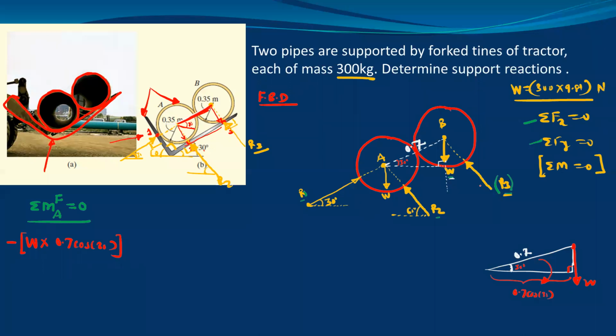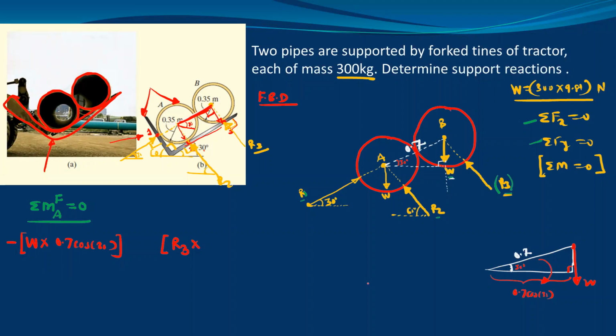Then next we have the reaction R3. For the reaction R3, we need the perpendicular distance. So I will write here R3 into. Now that perpendicular distance we can find out from this geometry. AB is parallel to this line, so R3 will be perpendicular to the line AB directly. So this distance AB is nothing but the perpendicular distance for the reaction R3.